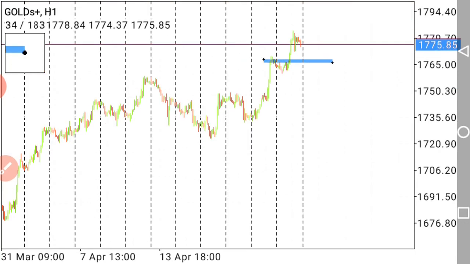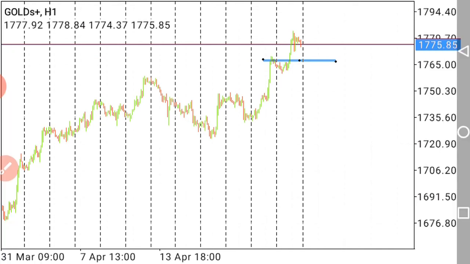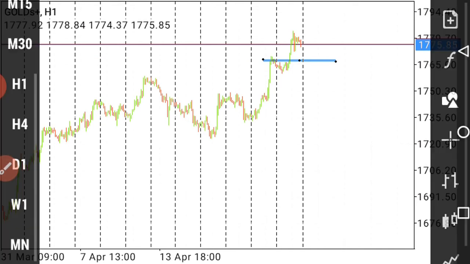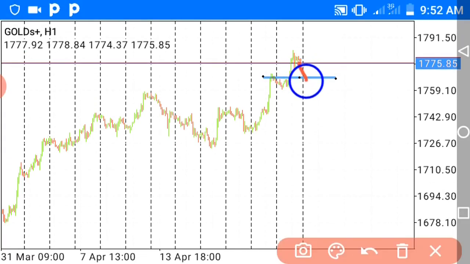This is the previous level right here. So we expect this market to give a retest of this level, then give us continuation. So that's what we are expecting of this market.